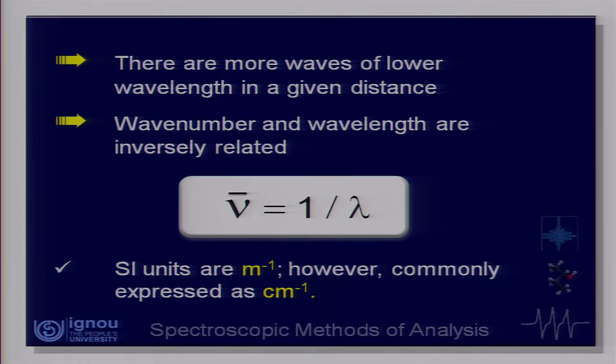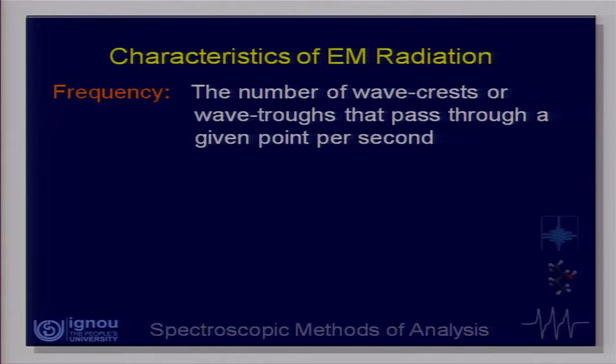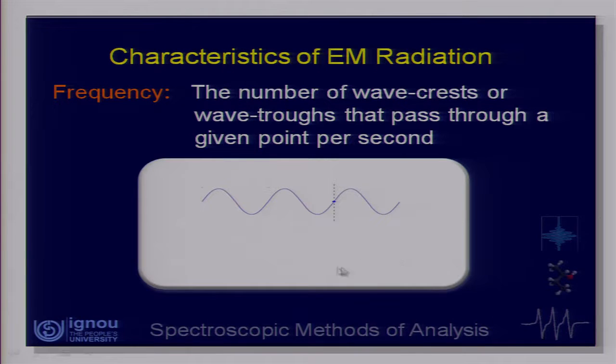Okay. Now, let us move to the next characteristic of EM radiation, that happens to be frequency. A frequency refers to the number of wave crests or wave troughs that pass through a given point per second. Let us look at this picture here. Let us see that this wave is moving and we have this point of reference here. Suppose I give a certain amount of time, and we can visualize that per second I can expect maybe 3 waves to pass through this point.